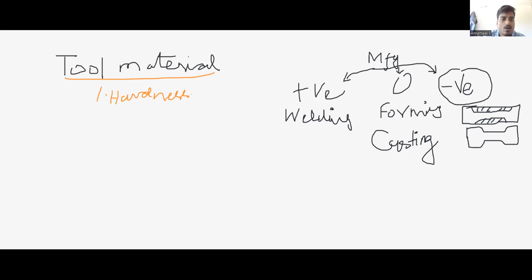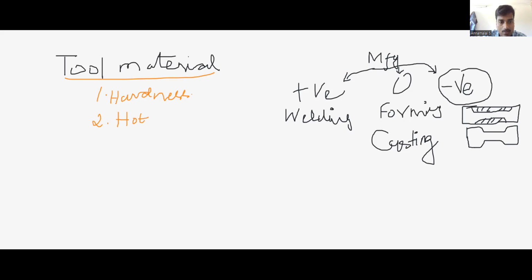Hardness is the surface property, or we can define it another way: it is resistance to plastic deformation, or resistance to indentation, or resistance to penetration, or resistance to scratch. Overall, hardness is the surface property. The second important property is hot hardness.